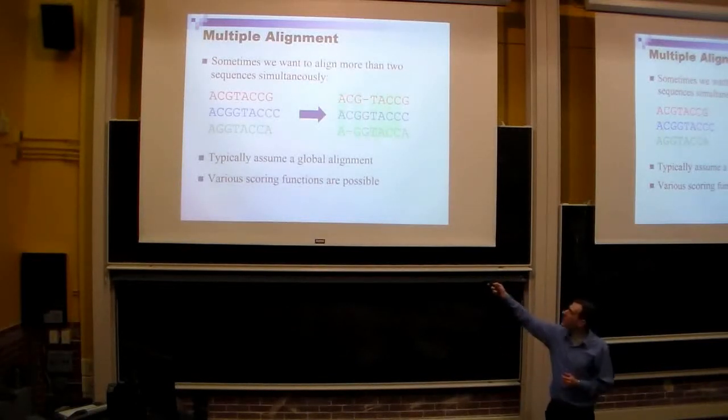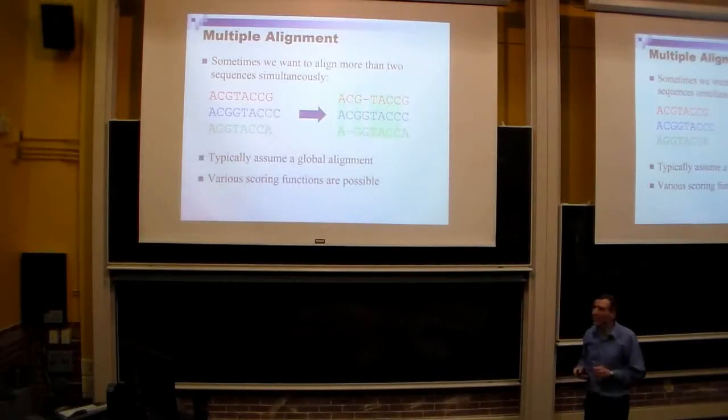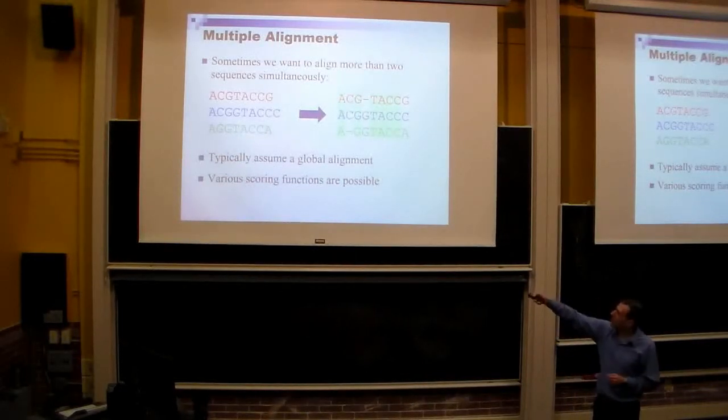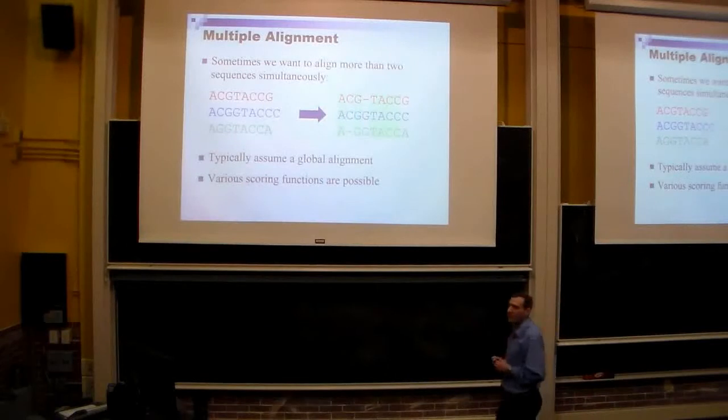There are some situations in which we want to align multiple sequences simultaneously, and you can think of this as the problem of taking our sequences and inserting gaps, potentially in several of them, to get a good overall alignment, so as to identify the equivalent positions across all of these sequences.